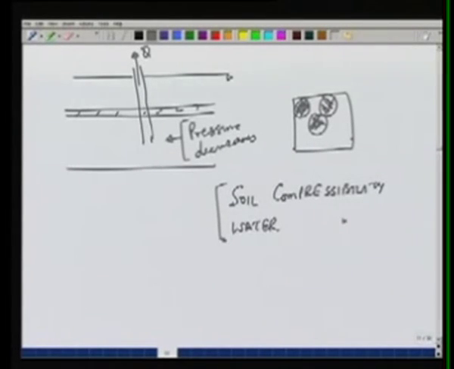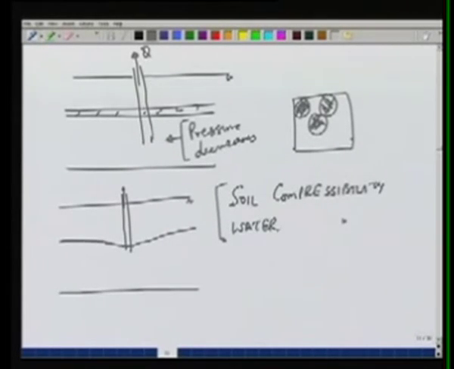For the unconfined case, since it is atmospheric pressure, water can be treated as incompressible under atmospheric or small pressure conditions. Therefore, compressibility of water and soil does not enter the picture. Here the specific yield is more important.